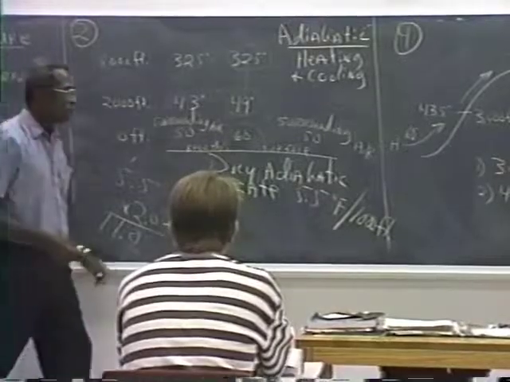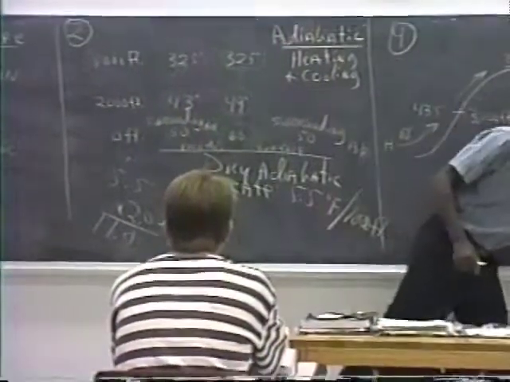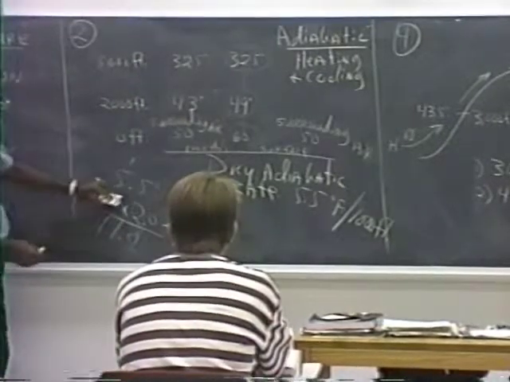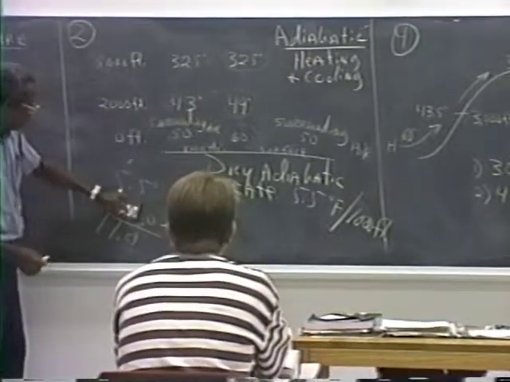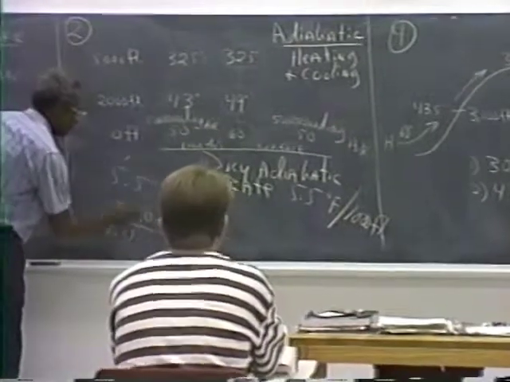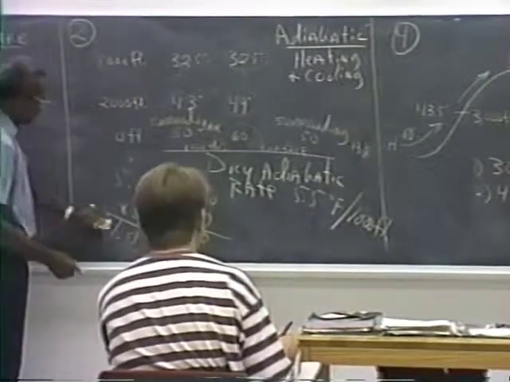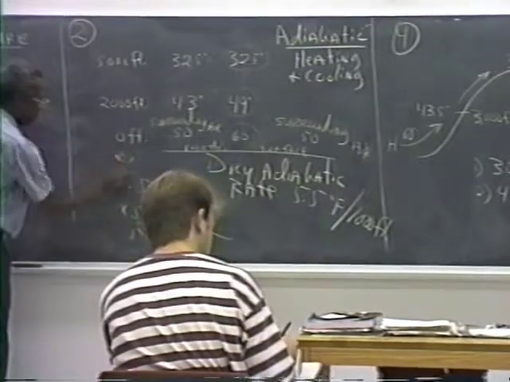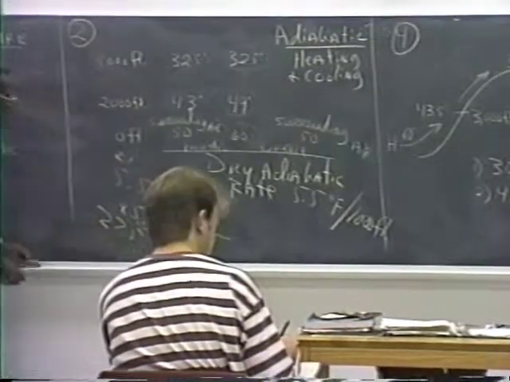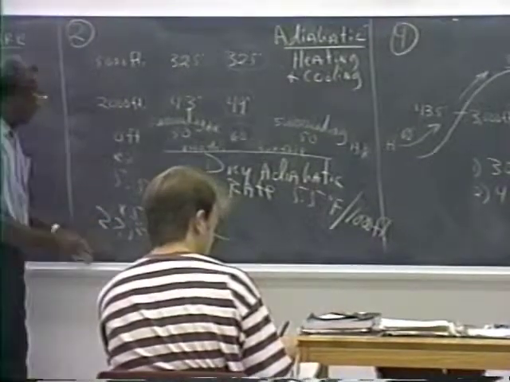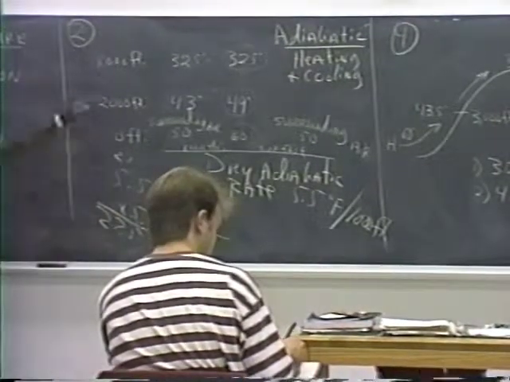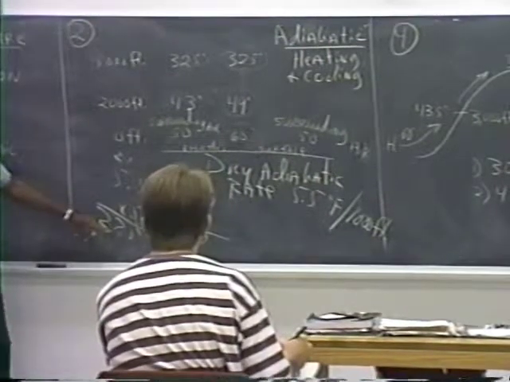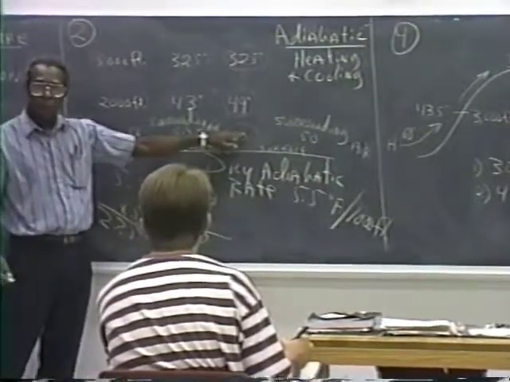If we wanted to determine the temperature at 5,000 feet, the only thing we would do would be to change this to 5, and we would multiply 5 times 5.5, and it gives us 27.5, which tells us that the temperature at 5,000 feet is 27.5 degrees cooler than what it is at the surface, where it's 60 degrees.